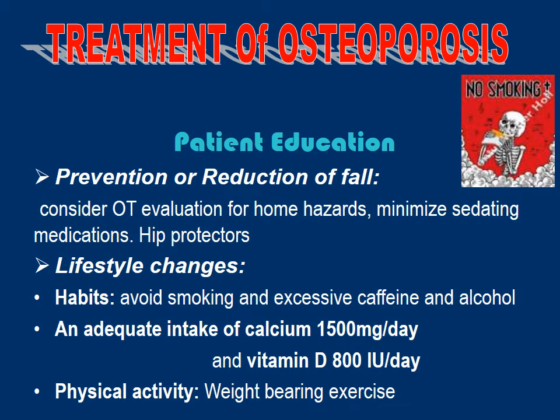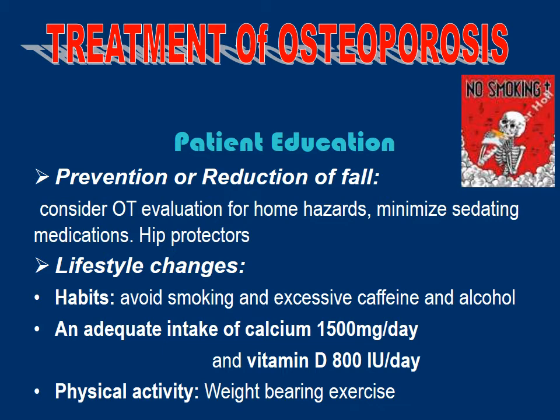Finally, what is the treatment of osteoporosis, and how do we manage and prevent it? First, the main goal of treatment is to prevent or reduce falling, because the main complication of osteoporosis is pathological fractures. So how do we prevent falling?